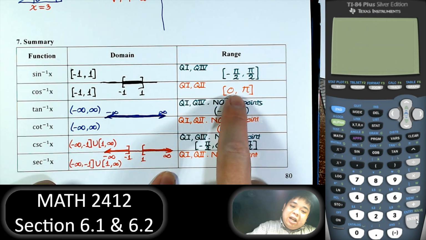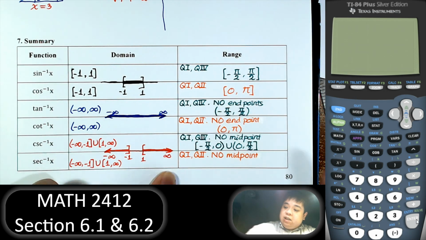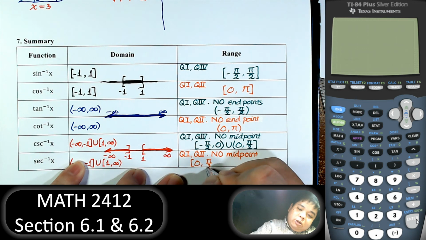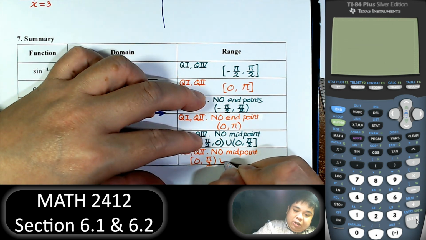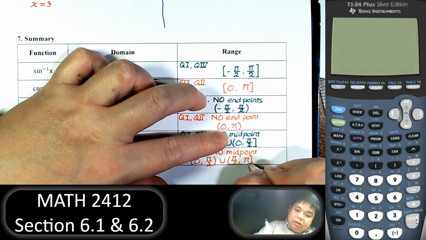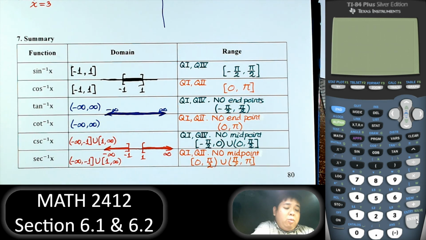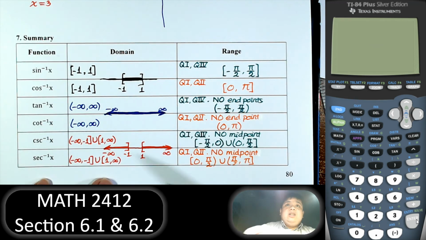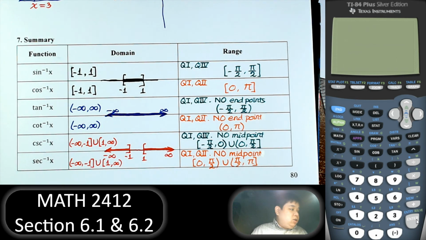So it will be exactly like that, except there's no midpoint. So we go from 0 to pi over 2, which is the midpoint, then union pi over 2 to pi. Right. So those are the domains and range of 6 inverse trigonometric functions.